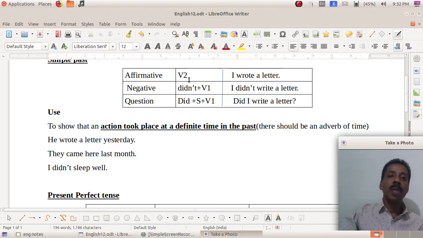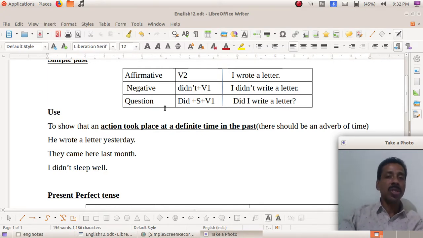As the main verb is V2 form, V2 form of the auxiliary, that is did, is used. And the not form, the negative form, will be added to did. So didn't. So didn't plus V1 will be the negative form. So I didn't write a letter, he didn't write a letter, etc.